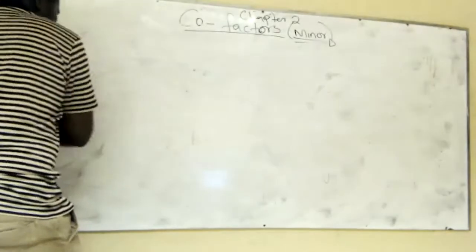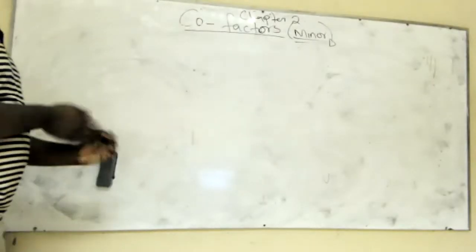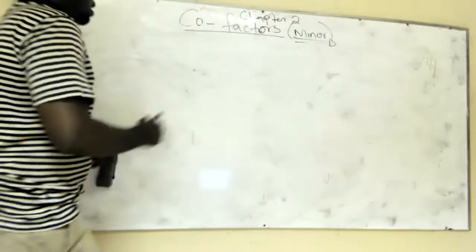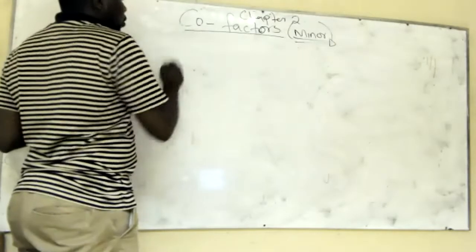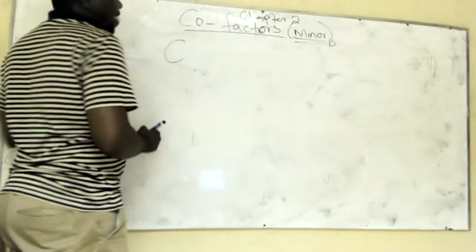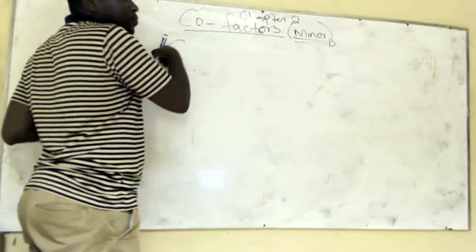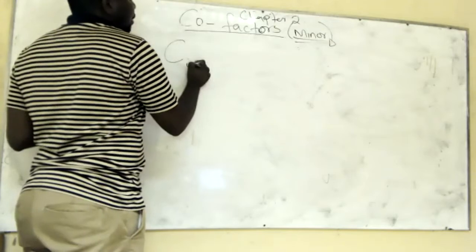So the question is, how are you supposed to calculate the cofactor? Actually, you cannot calculate the cofactors without getting the minor. So this is how you're supposed to calculate the cofactors. Cofactors are calculated by using this important formula of C, which stands for the matrix entry IJ.